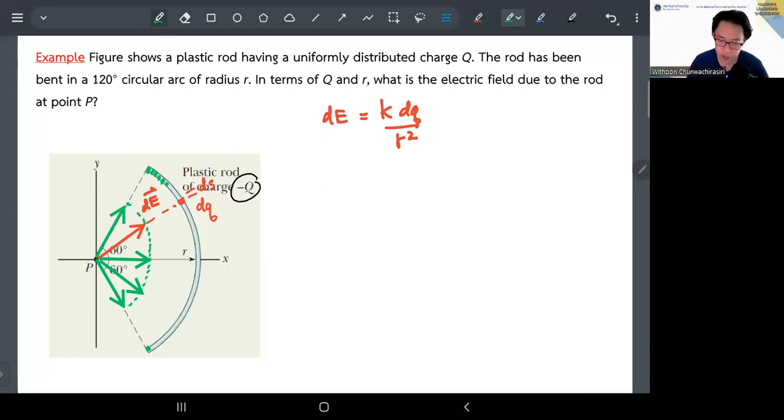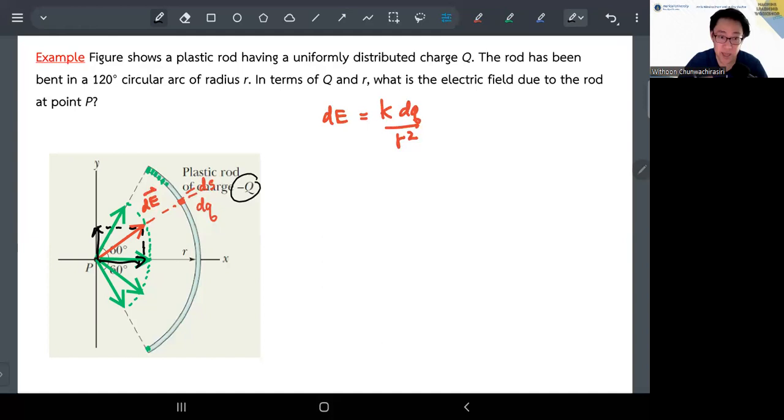So you use the same trick. Let's do the same thing. That dE, let's focus on the red. I can split the red dE into a horizontal component and a vertical component. You guys with me? When I do that, the vertical components will cancel themselves out one more time. The reason is that you have the same amount pointing up and pointing down.